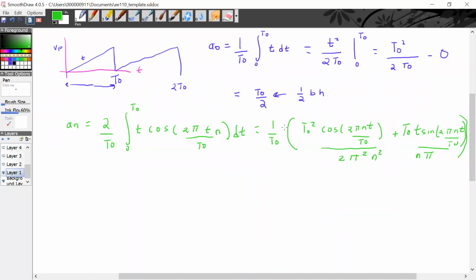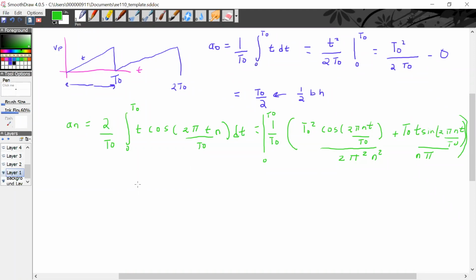It kind of went off the screen, so I'm just going to put the evaluation over here. I hope you forgive me. A lot of times things cancel out, so it's best to notice how the n's and the t are inside a cosine or a sine.